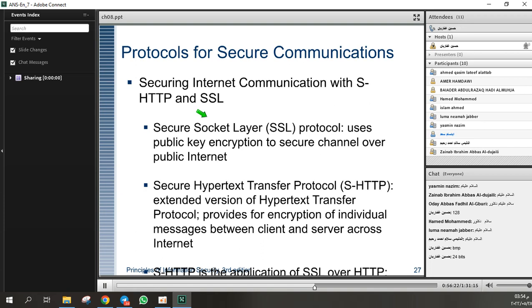Your HTTP information must pass through SSL and then pass through TCP. Using this SSL protocol, I can prepare the HTTPS protocol.